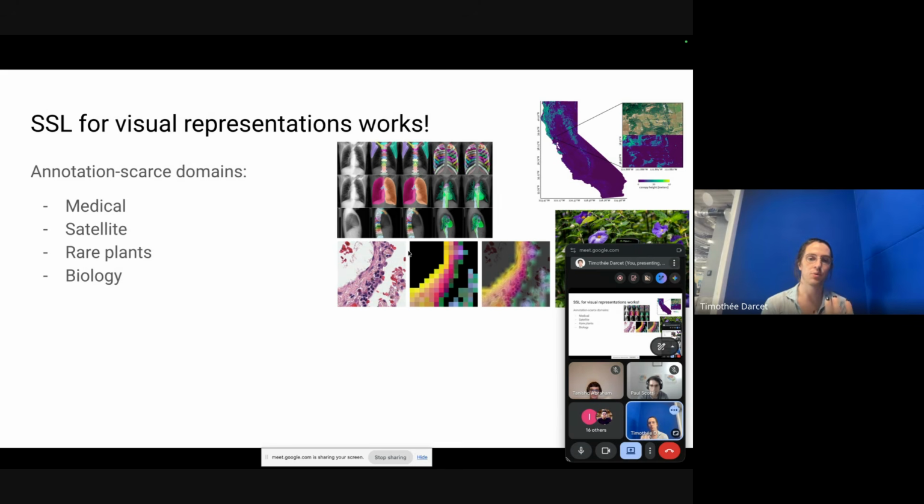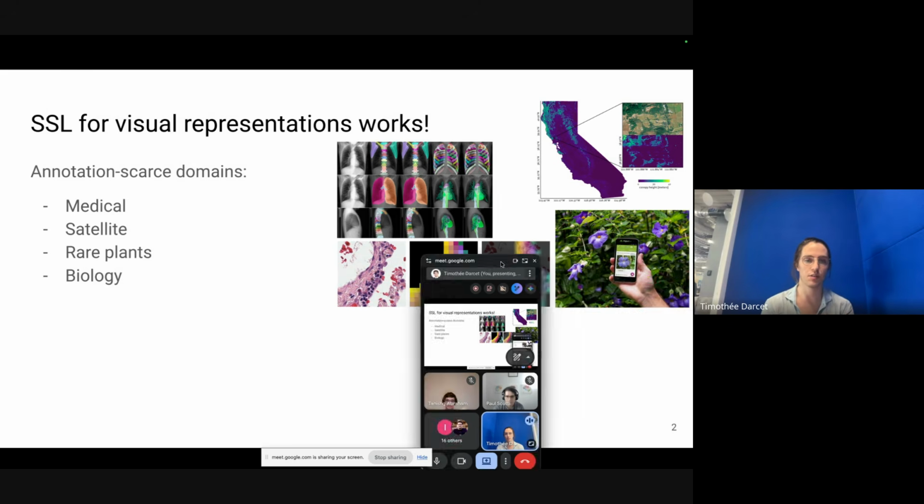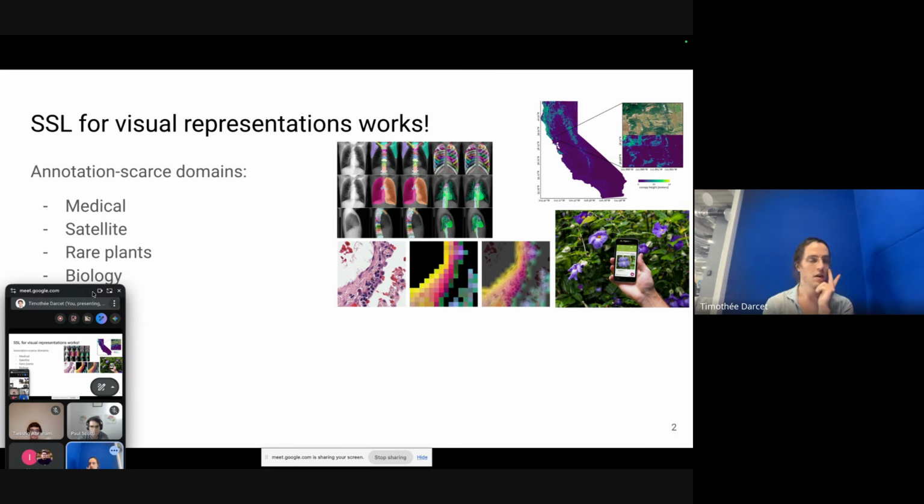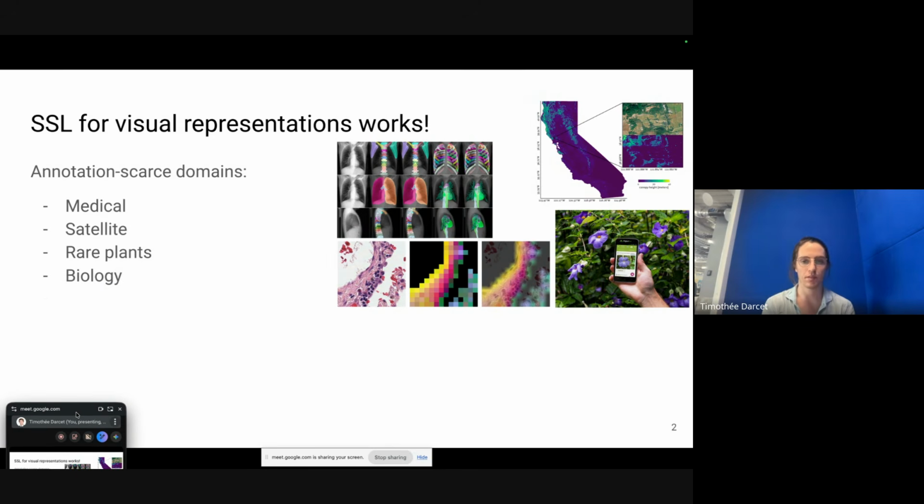These are examples of applications of DINO v2 that were put in place. This was RayDINO, this was canopy height map estimation, this is PlantNet, and this is, I don't remember which one, but one of the histopathology models that are based on the DINO v2 recipe. And these models work very well thanks to self-supervised learning.